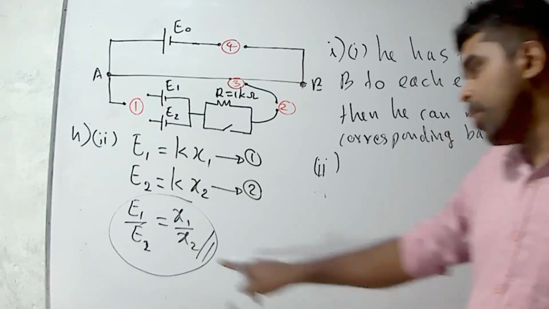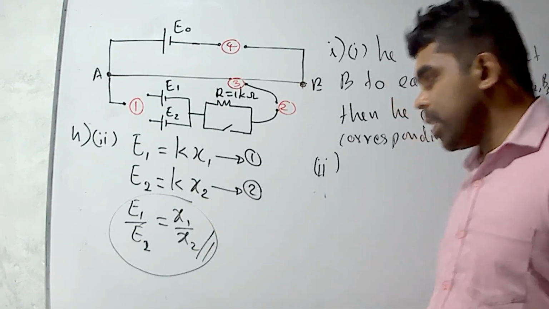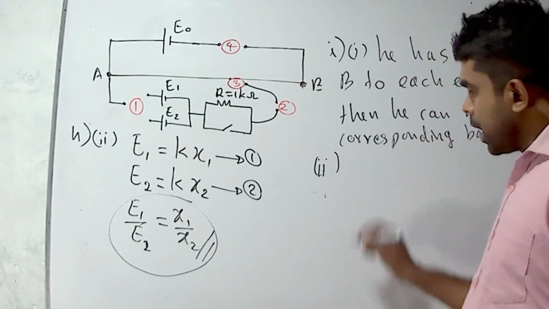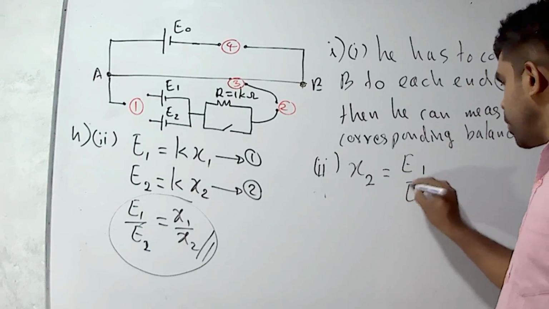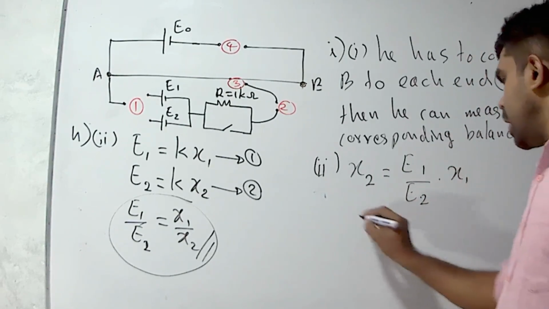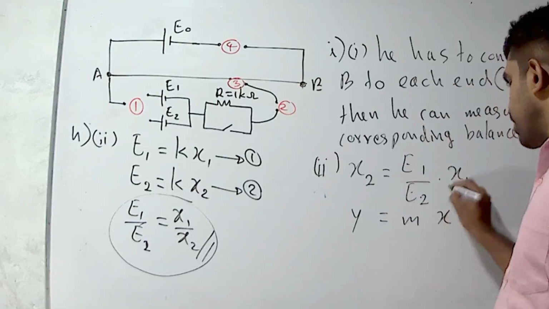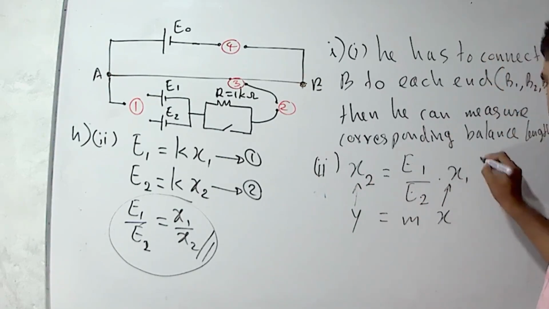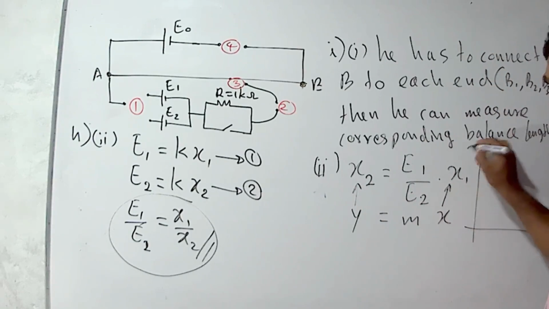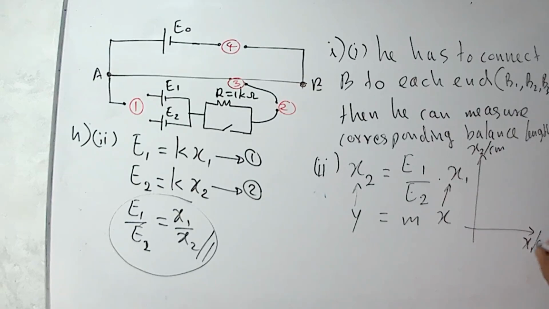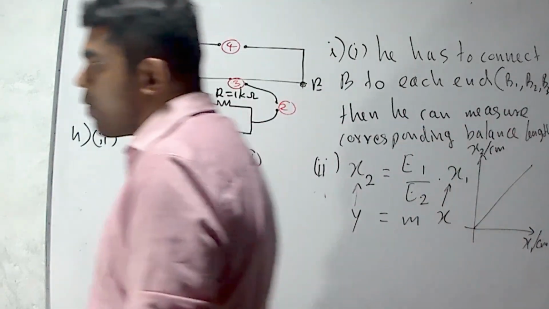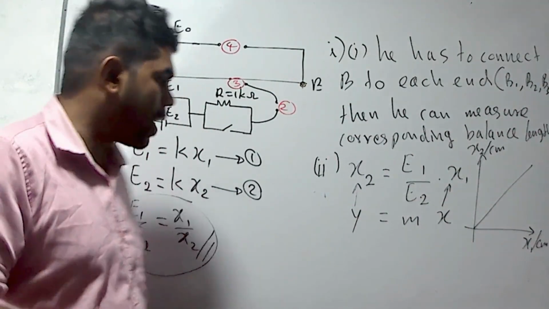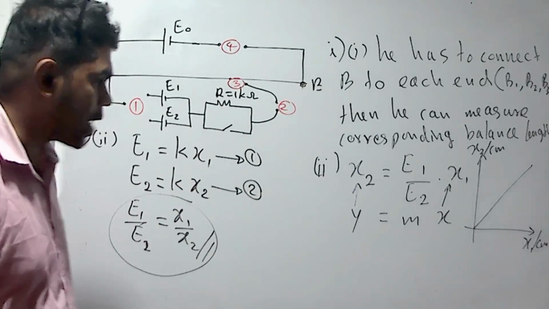If we are measuring x2, it is the independent variable. Then we can get x2 equals E1 over E2 times x1. It is in the form y equals mx. Then we can draw the graph. We have to take x2 for the x-axis in centimeters or meters, and x1 for the y-axis in centimeters or meters. The graph should be like this. It is a y equals mx type graph. They have not asked for the graph shape, but I have described it.